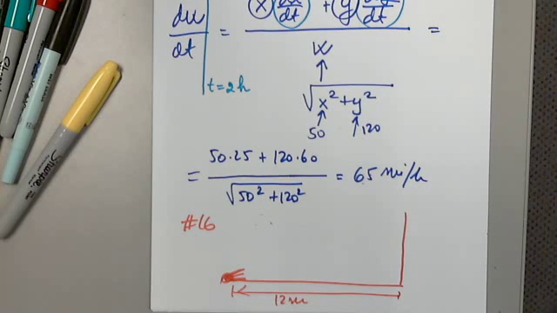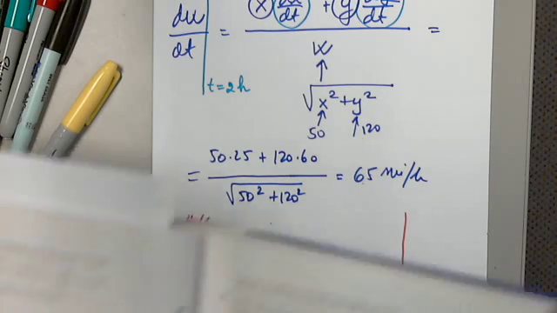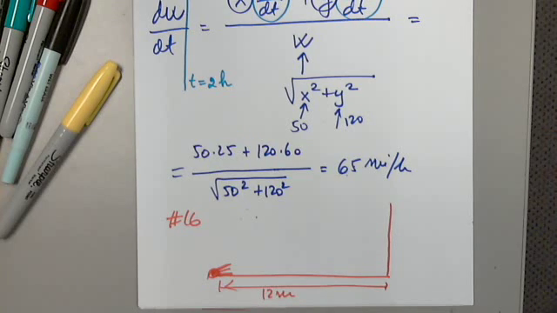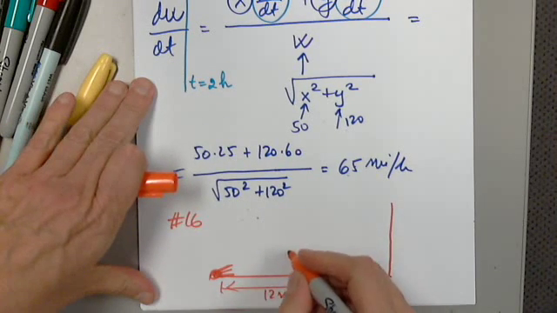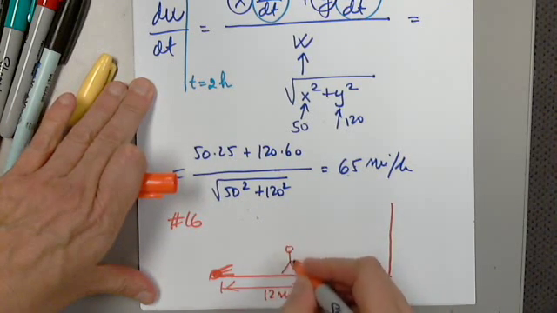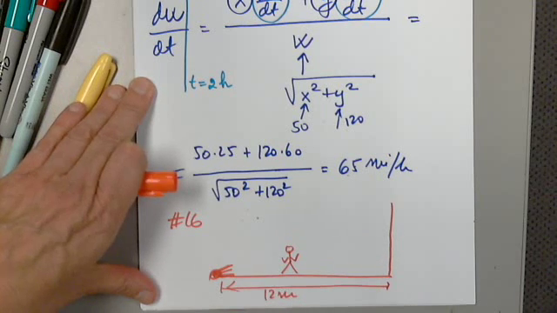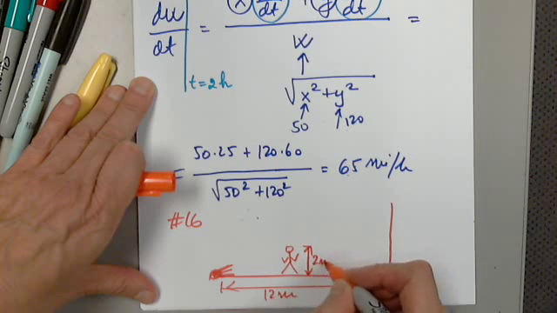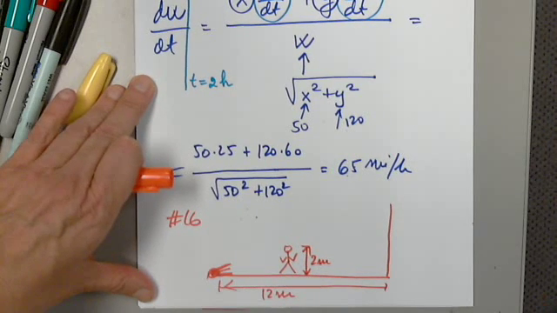If a man 2 meters tall walks from the spotlight towards the building at a speed of 1.6 meters per second. Okay. Sorry, I can't draw a man. So he's 2 meters tall.